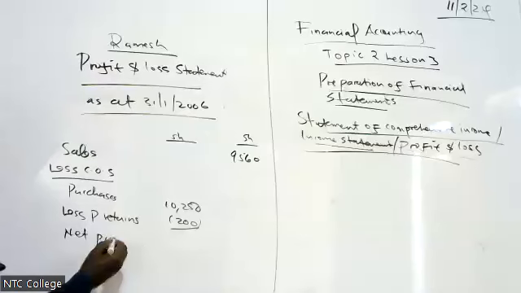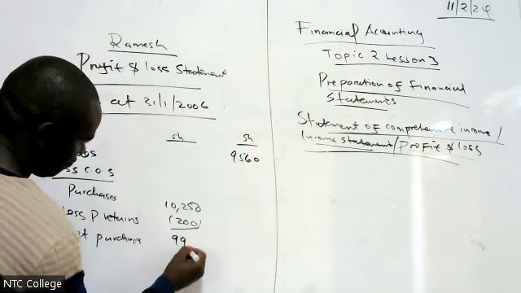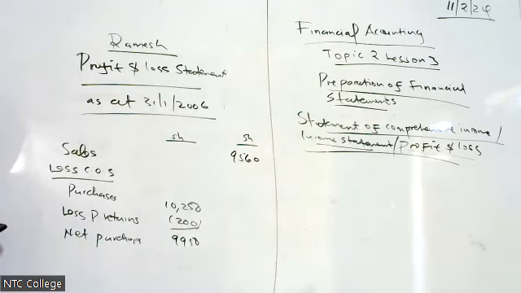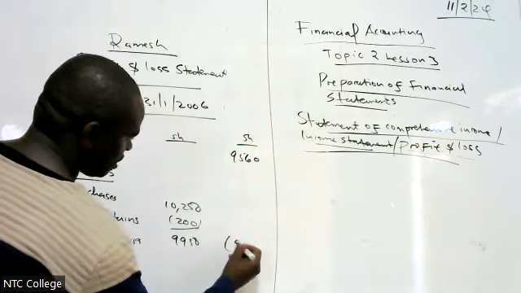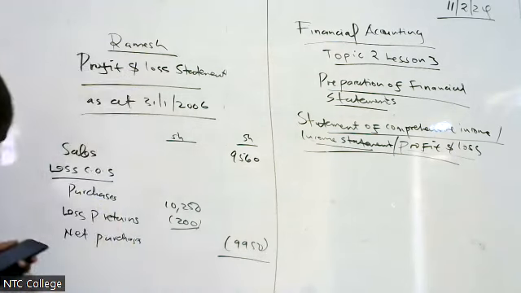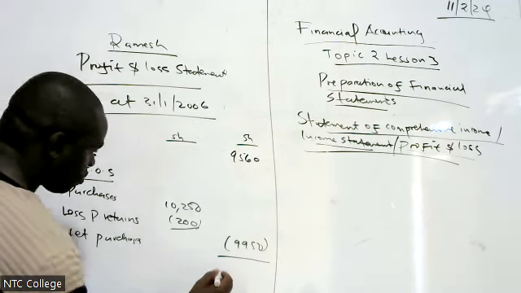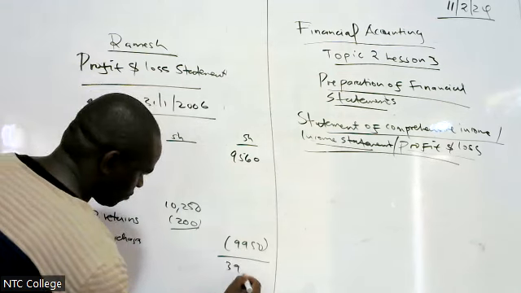Net purchases is 99.50. Again, you less it here, 99.50. It's not a must to put this one here. Then you are going to get a gross loss, a loss of 390.